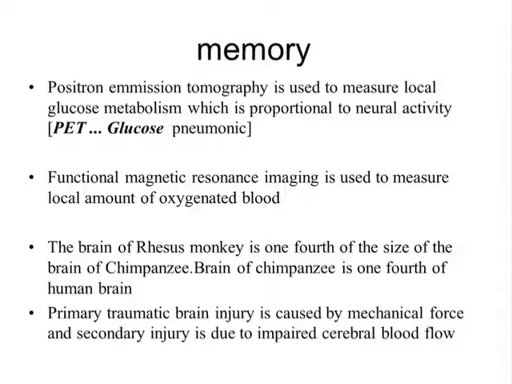So today the topic is memory and learning. Actually, we get information from the environment by seeing, by listening, by smelling, by tasting, and by touch, pain, pressure, etc. And that information is stored in our brain, and that is called memory.